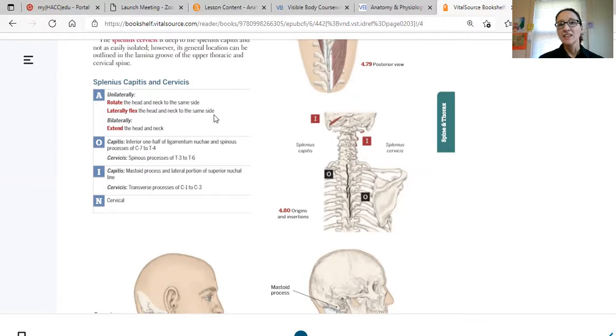Anything that can rotate can usually laterally flex as well. Bilaterally, they are on the posterior, so they're going to do posterior things, which means extension of the head and neck, right? So Splenius Capitis and Cervicis are ipsilateral rotators, lateral flexors, and extensors of the head and neck.